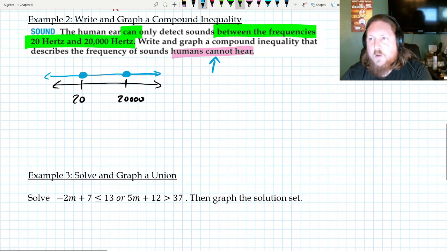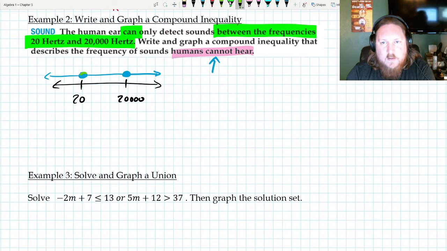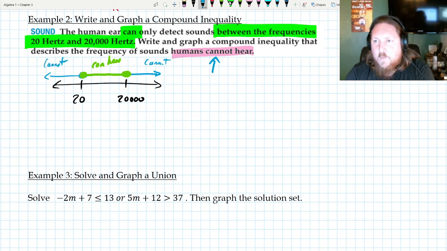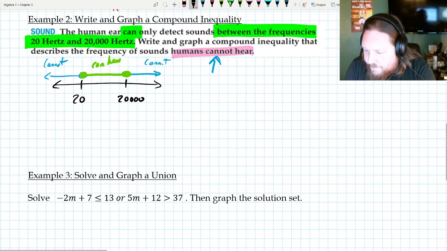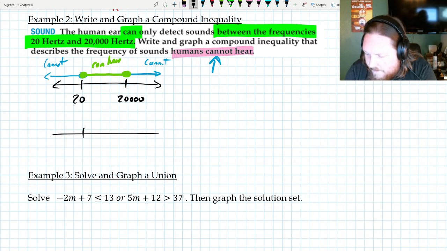Well, right now we only know where they can hear. It's between 20 and 20,000. Can hear, cannot. And if we want to identify what cannot, it looks like where the arrows are going out. So here's my final graph.